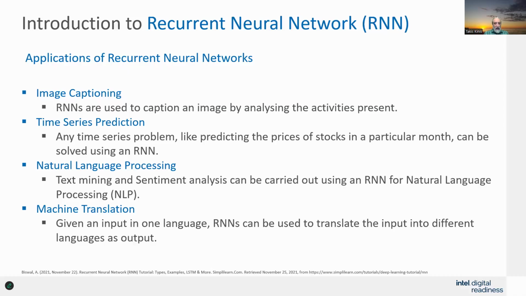So in other words, given an input in one language, these networks can be used to translate into different languages as output, right? I'll use that example again: in one language, you order the words one way, and in a different language, you order them a different way. So you're converting the words, and you're also converting the order. And I think that's pretty fascinating.